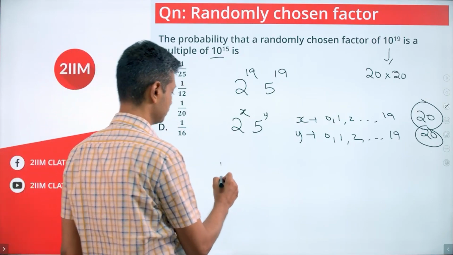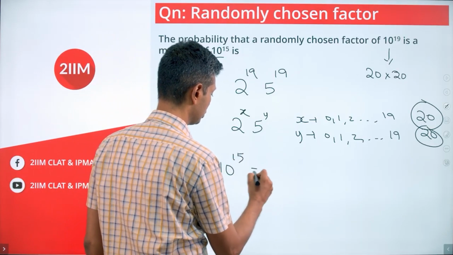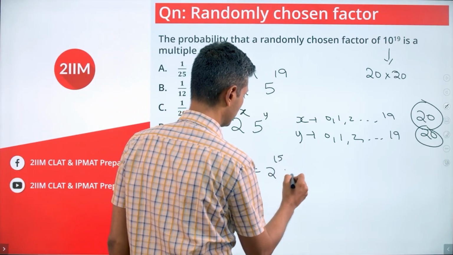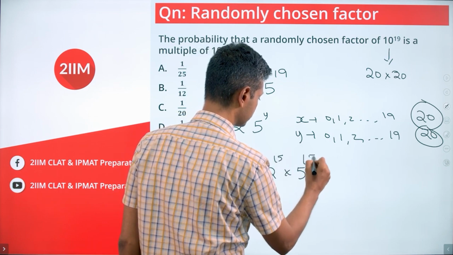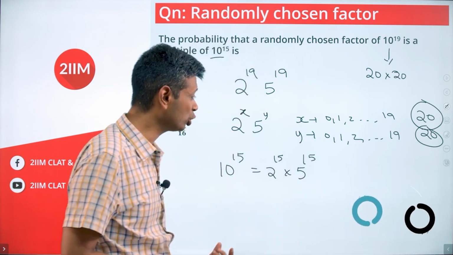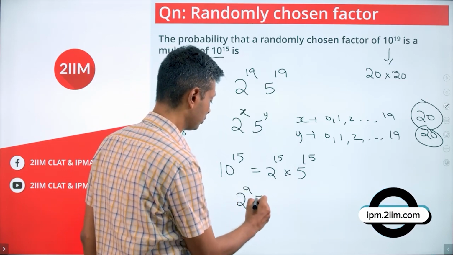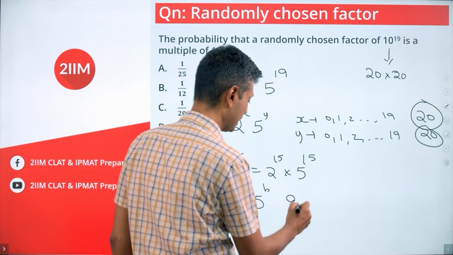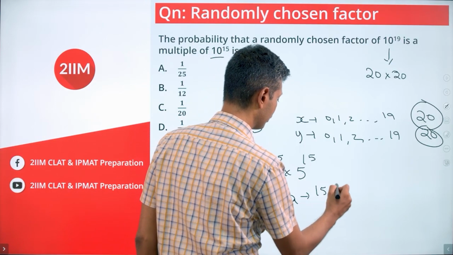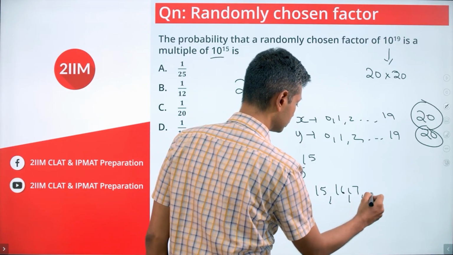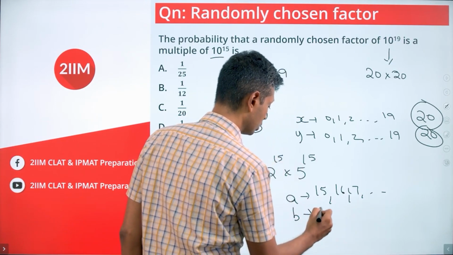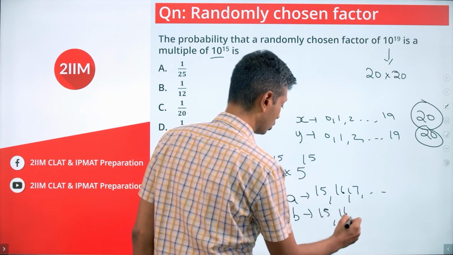10 power 15 is 2 power 15 into 5 power 15. If you want any number to be a multiple of this, it will have to be of the form 2 power a into 5 power b, where a is 15 or more and b is also 15 or more.